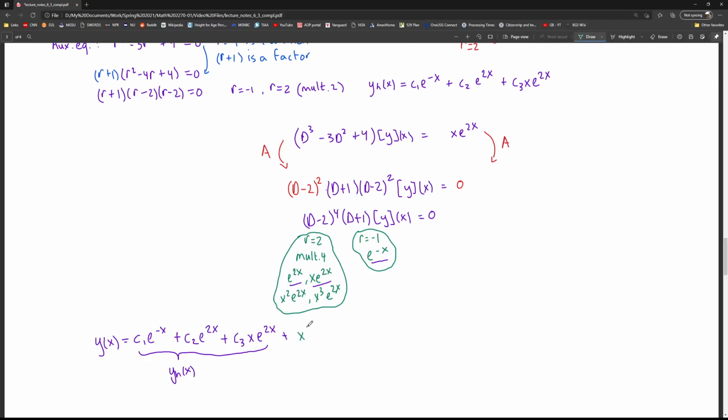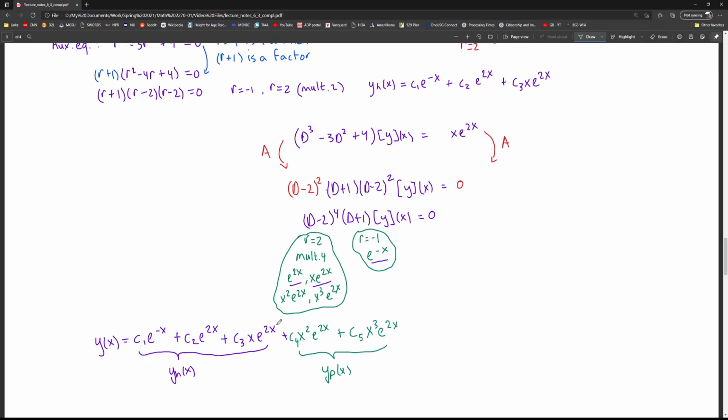That's c4 x squared e to the power 2x, plus a c5 x cubed e to the power 2x.